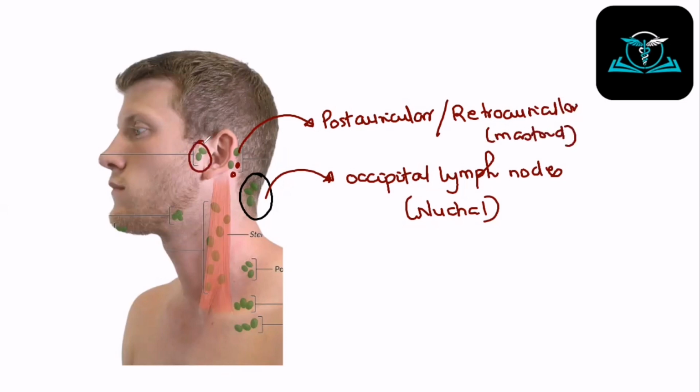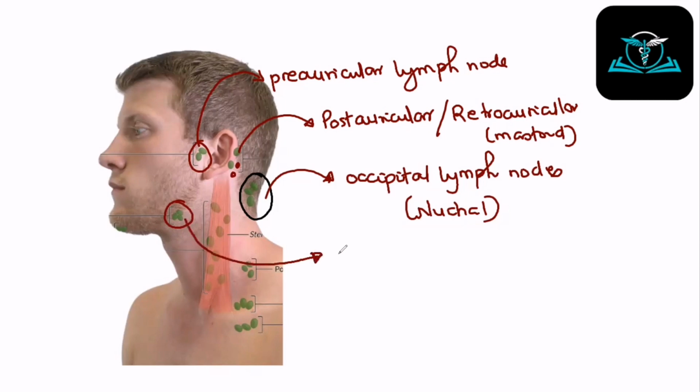Then we have the pre-auricular lymph node. It's before the auricle of the ear. Then we have this lymph node that is closer to the mandible and underneath it. And so this is the submandibular lymph node.